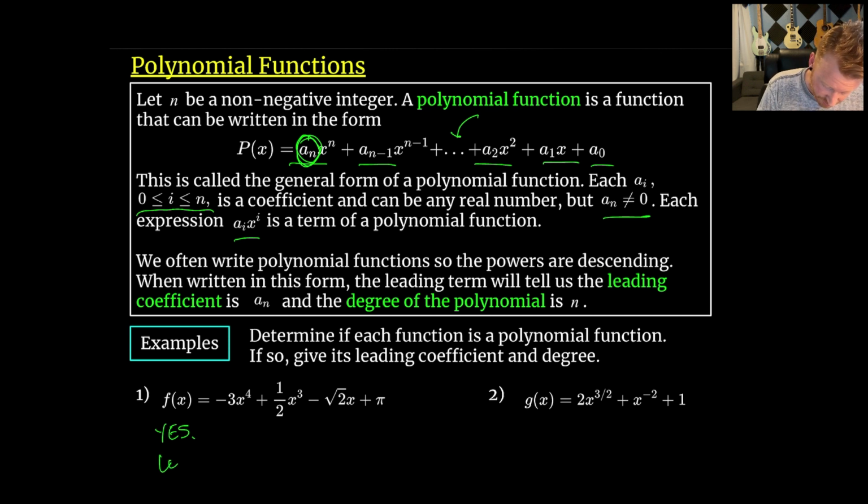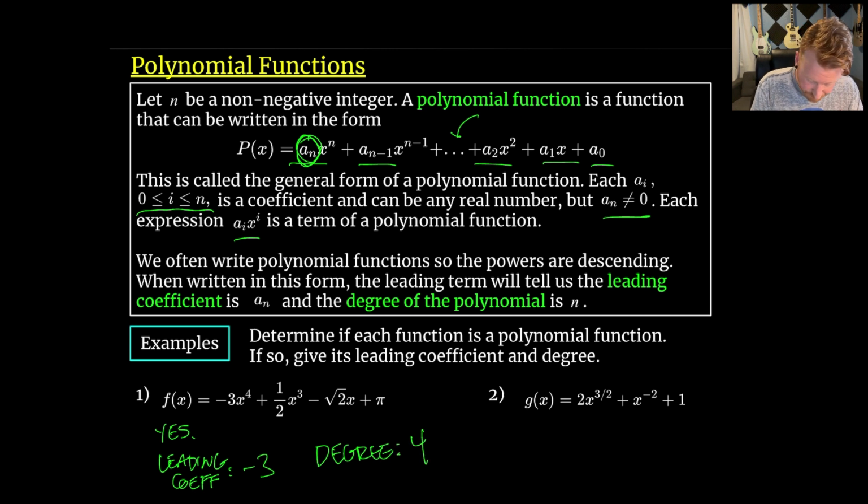The leading coefficient is -3, and that will tell us something once we start looking at the shapes of these graphs. And the degree is 4, because that is the largest power on any of the variables here.